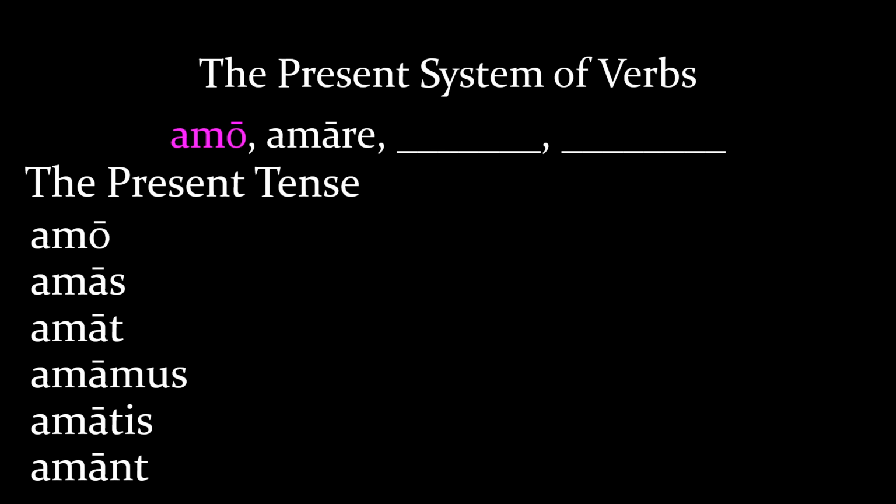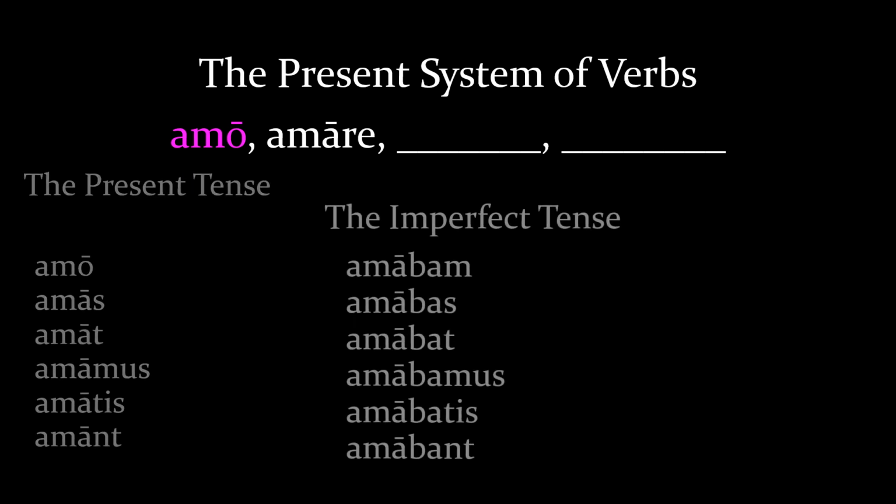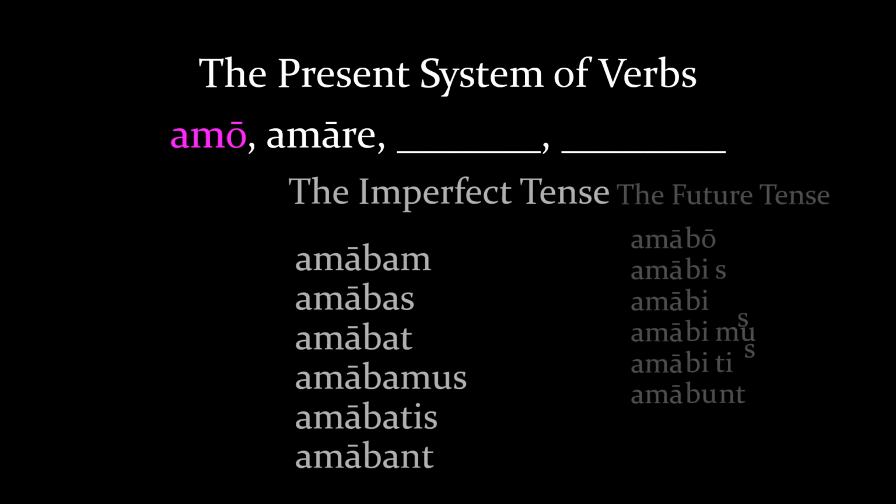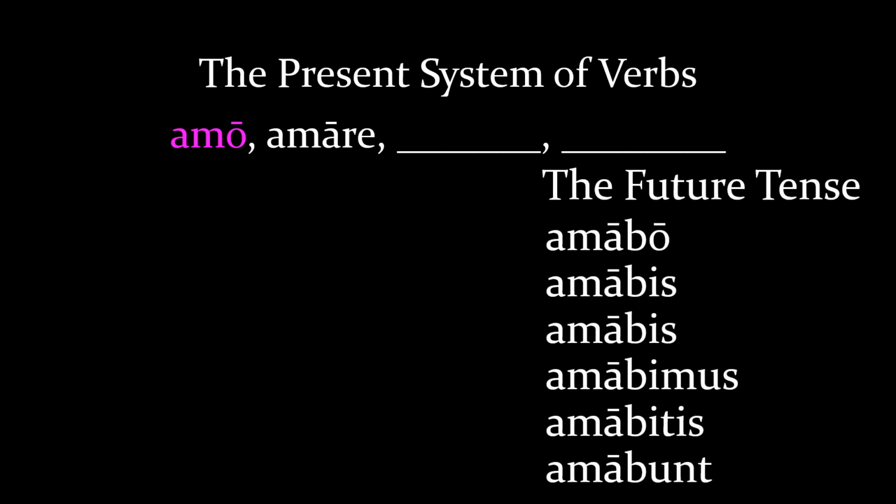So it's really important to get these patterns down to memory because we can use these over and over and over again. Once we know the principal parts, we can build the present tense. We can build the imperfect tense. And we can build the future tense.